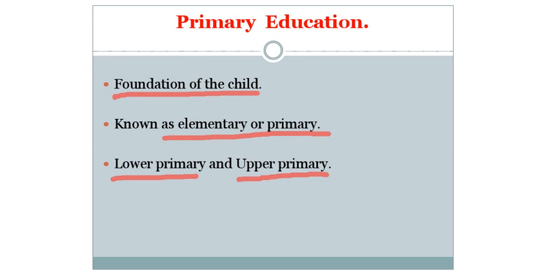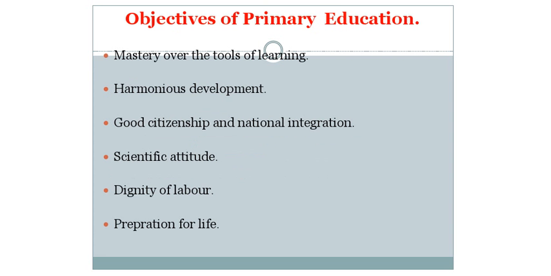Now let's discuss objectives of primary education. Number first, mastery over the tools of learning. To give the children an adequate mastery over the tools of learning.